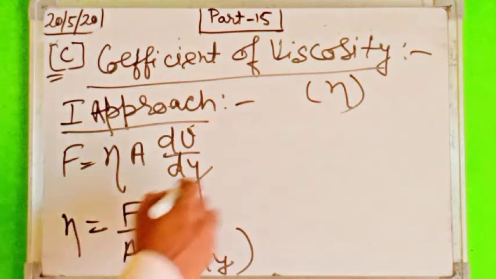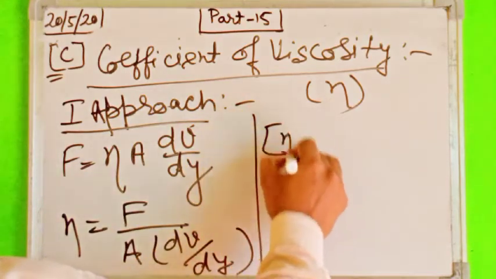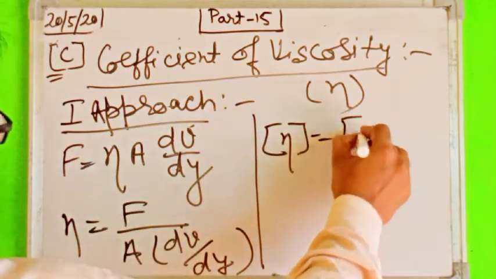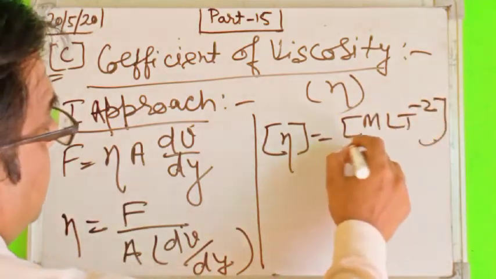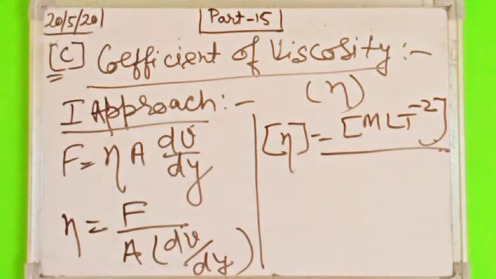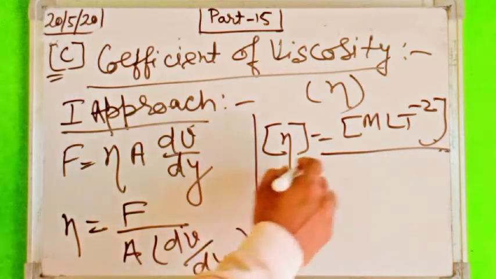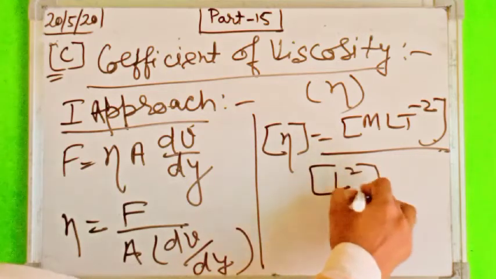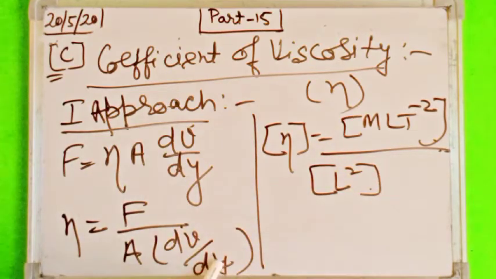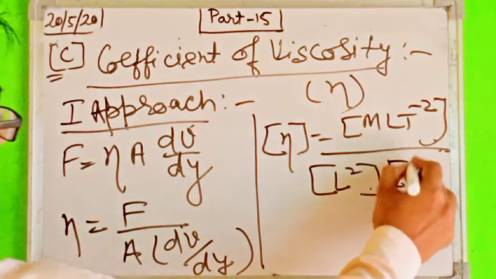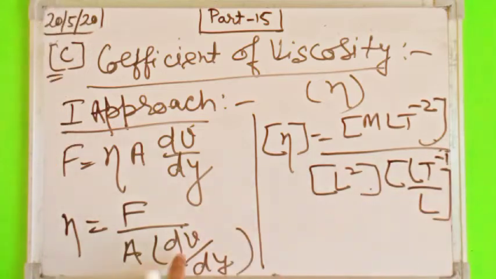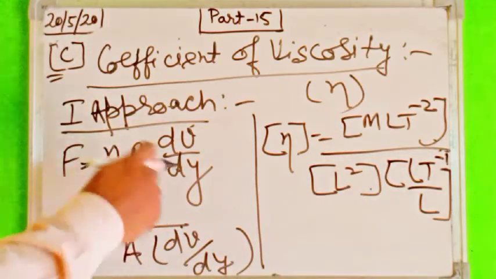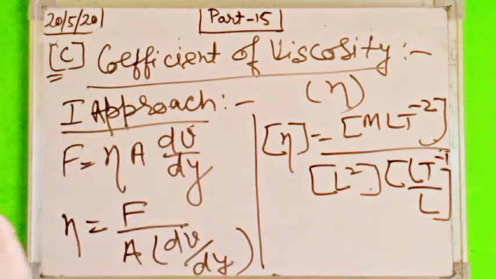Now the dimensional formula for eta. Force is M L T minus 2, area is L square, and velocity gradient is L T minus 1 upon L. This is not a rate, this is the velocity gradient, the change of velocity with distance.